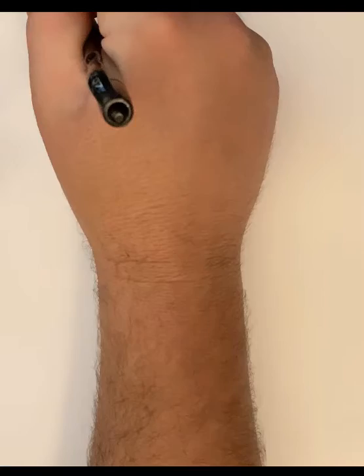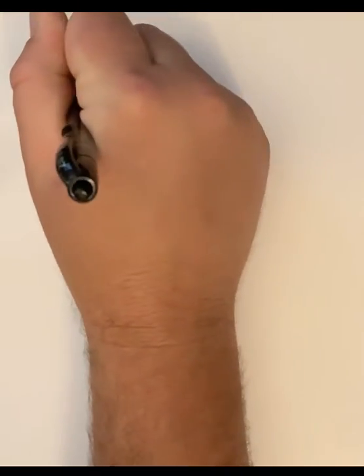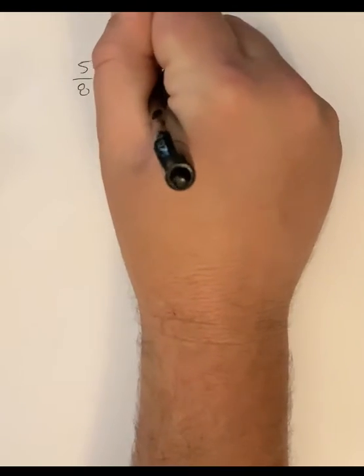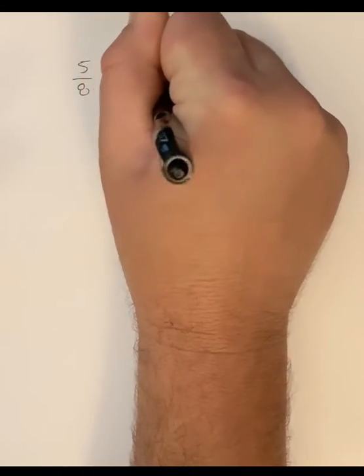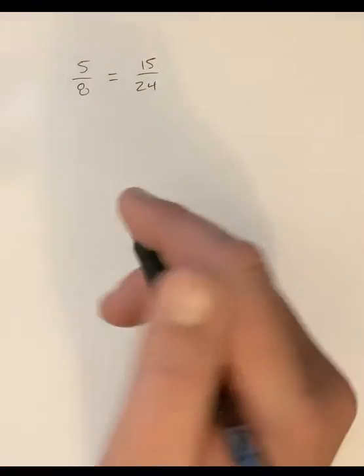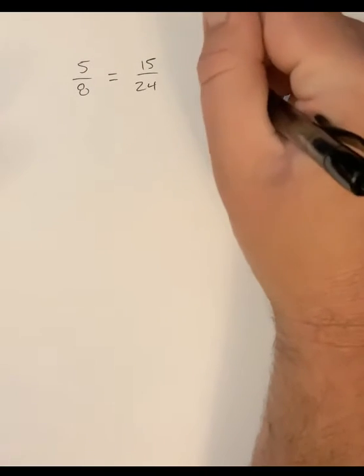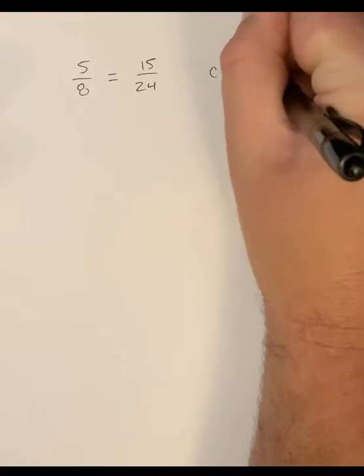Sort of similar to the way we discussed the other day, if you took two fractions, like 5 out of 8, for instance, and 15 out of 24, you can prove that they're equivalent fractions by taking the cross product. I believe that was the term we used the other day.